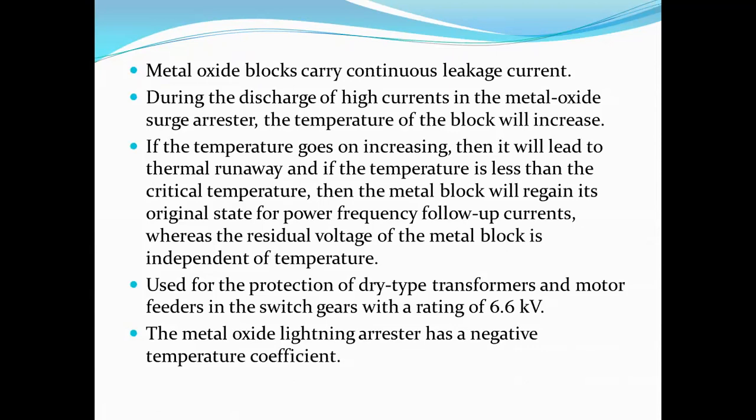So if there is any leakage current, and during discharge of the high currents also, suppose the voltage gets increased and the current is flowing towards the earth, there is a discharge of that current towards the earth.